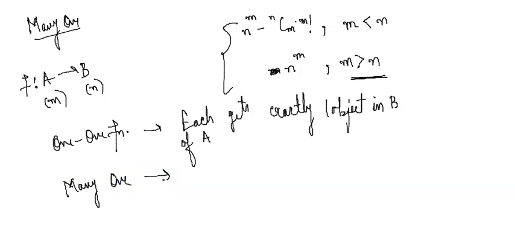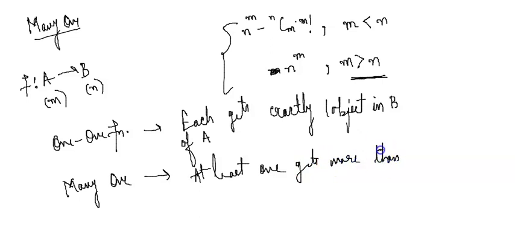This is just a way of writing that statement. Many-one functions means at least one gets more than one ball, or more than one object. Maybe two or three get more than one, but at least one gets more than one. So this is how we can calculate the total number of functions, many-one functions and one-one functions.